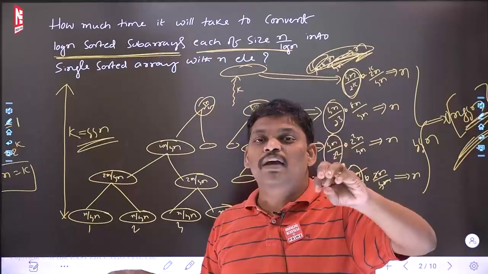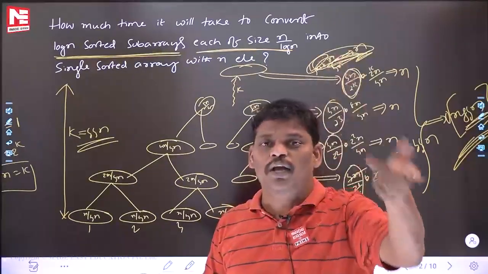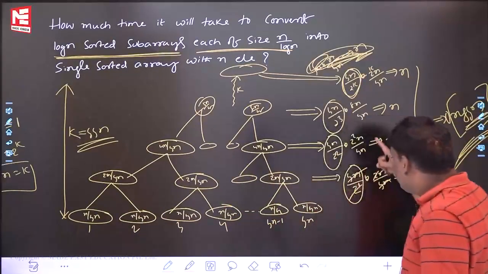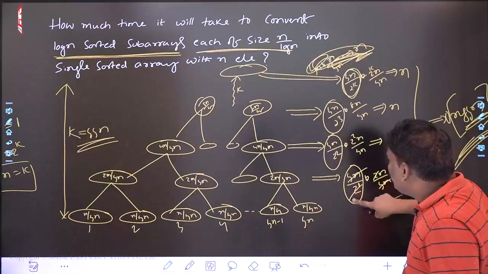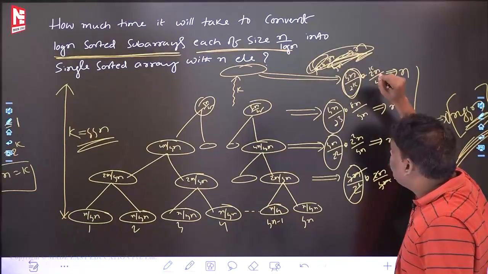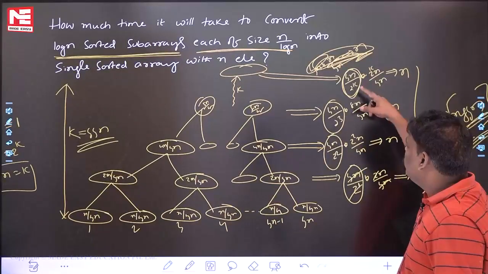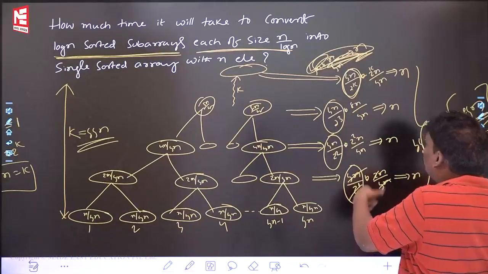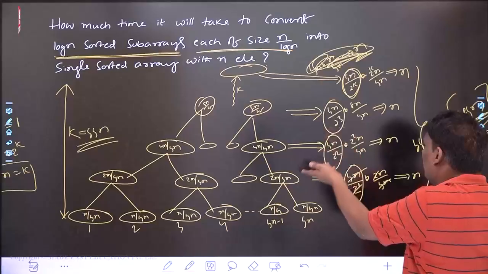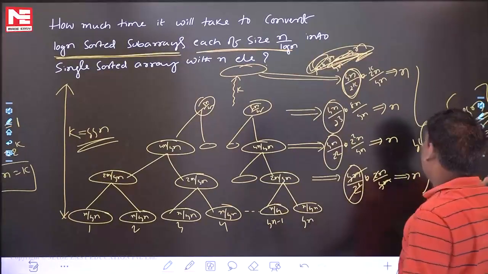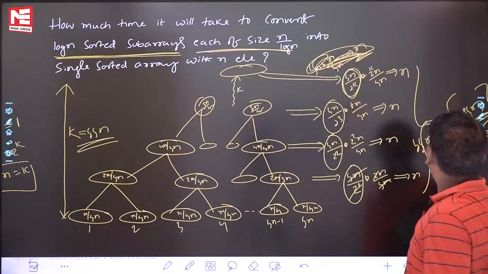If you always divide log n by 2, log n. See this one, log n groups, always dividing by 2. Whatever you divide always by 2, the log of that will come. N divided by 2, log n. A divided by 2, log a. Log n divided by 2, log n. So log n levels are there. Every level merge time is n. Finally n log n.